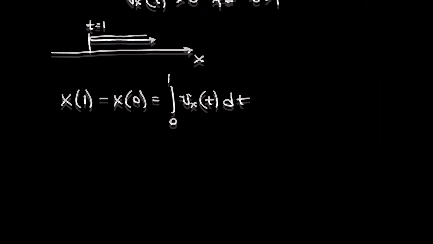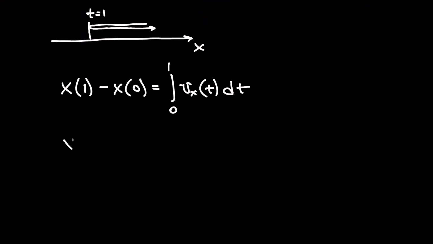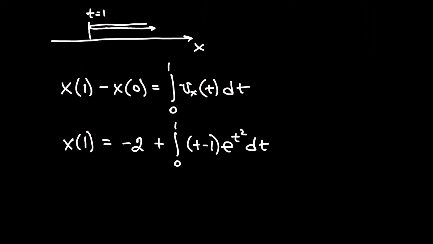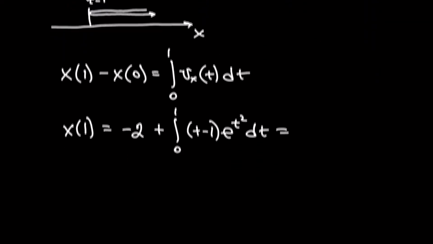And for our case, then x of 1 is equal to -2, this is the position at time 0, plus the integral from 0 to 1 of (t minus 1) e to the power t squared dt. And so we will need the calculator to calculate that.